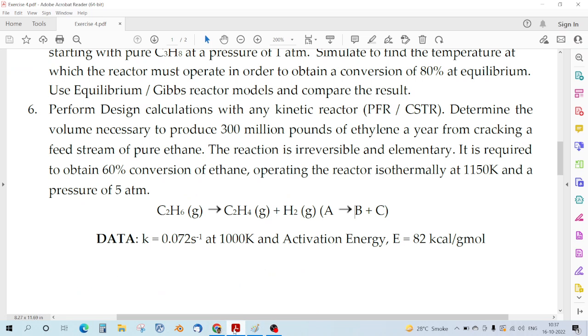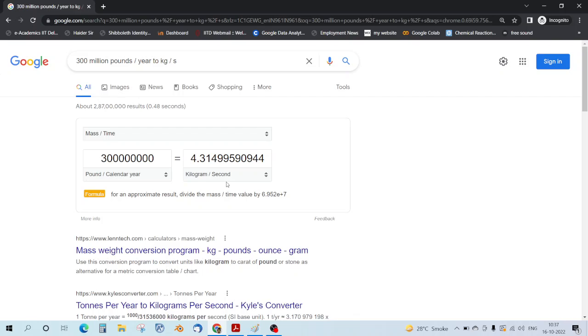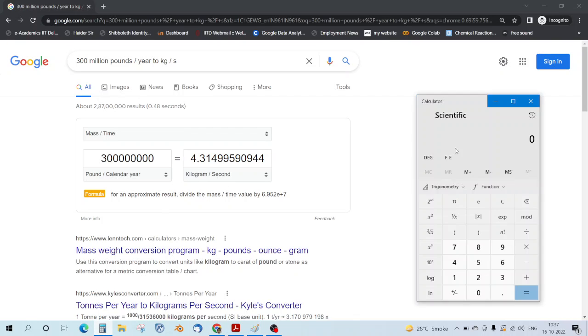This is the amount of mass per unit time, and we need to find the moles so that we can get the moles of ethane. So what we can do here is divide the mass by molar weight. Kilogram per second, so we will get kilomoles.